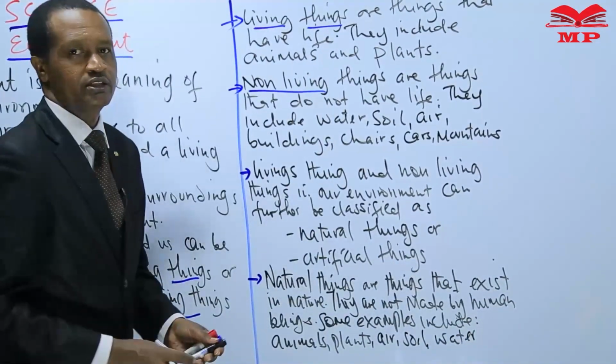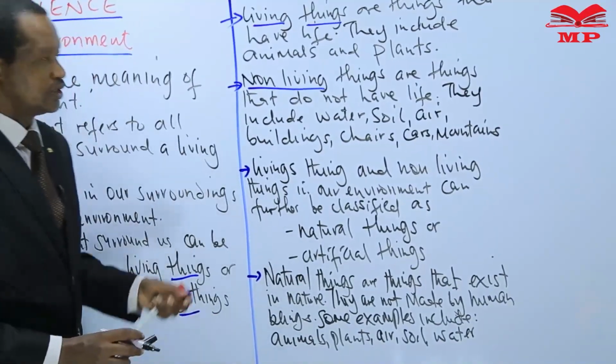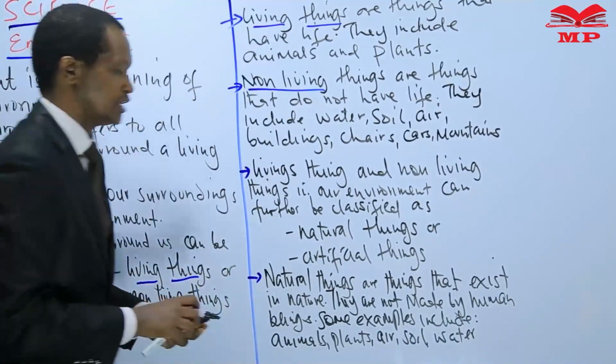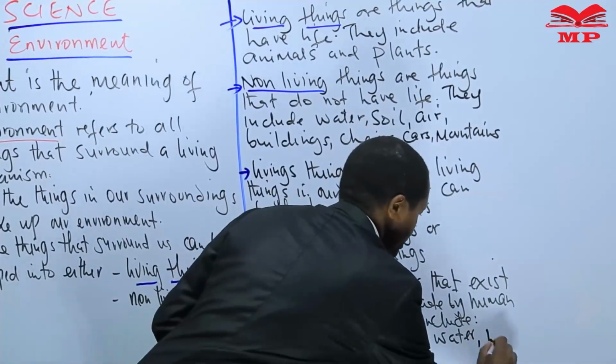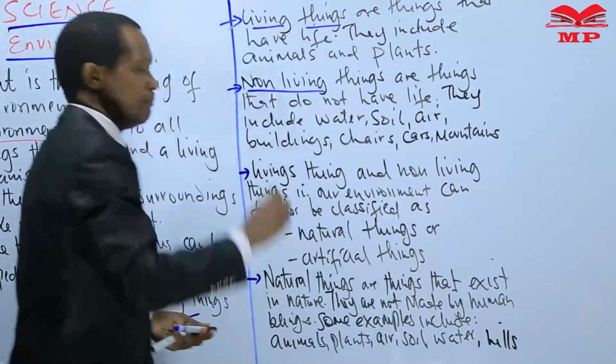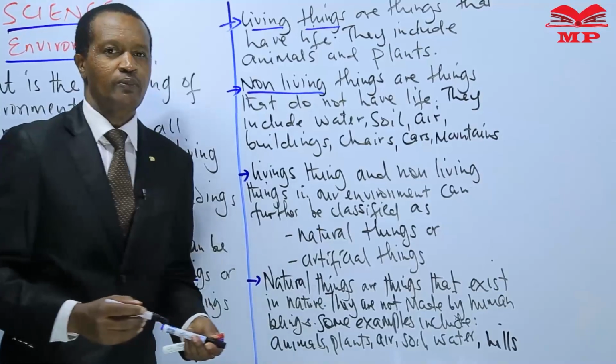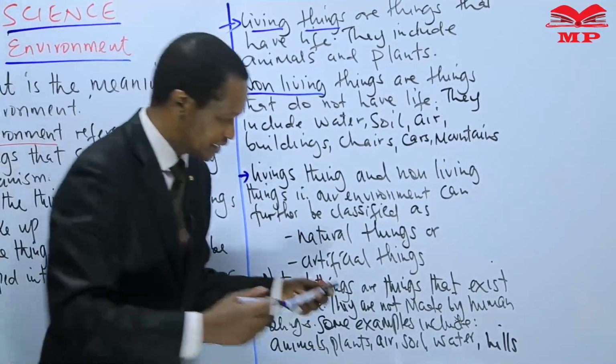These are natural things, okay? Including mountains, hills, mountains, and so on. These are things that just exist in nature.